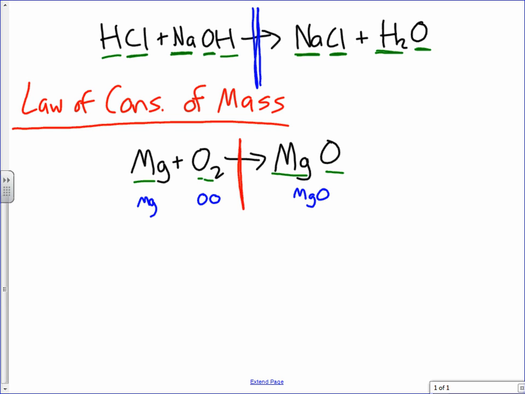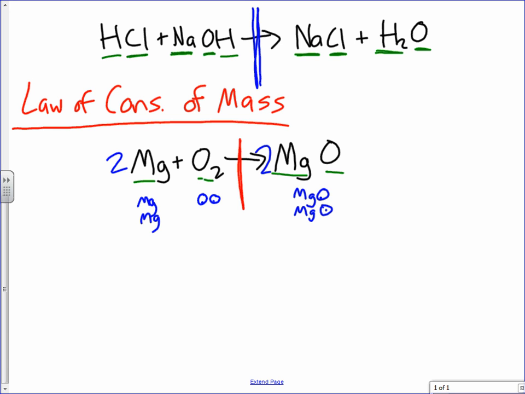We need more oxygen on the product side. So we're going to have 2 MgOs. So now our oxygen is balanced. We have 1, 2 here, and 1, 2 there. However, magnesium is not, so we need 1 more magnesium on the reactant side.